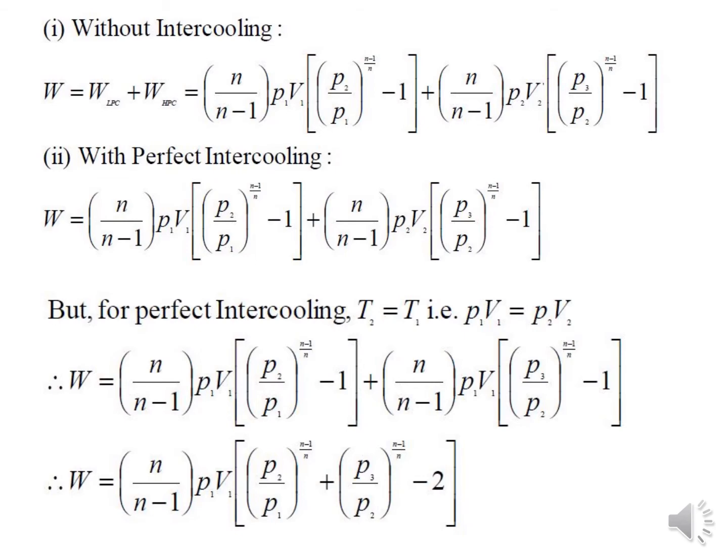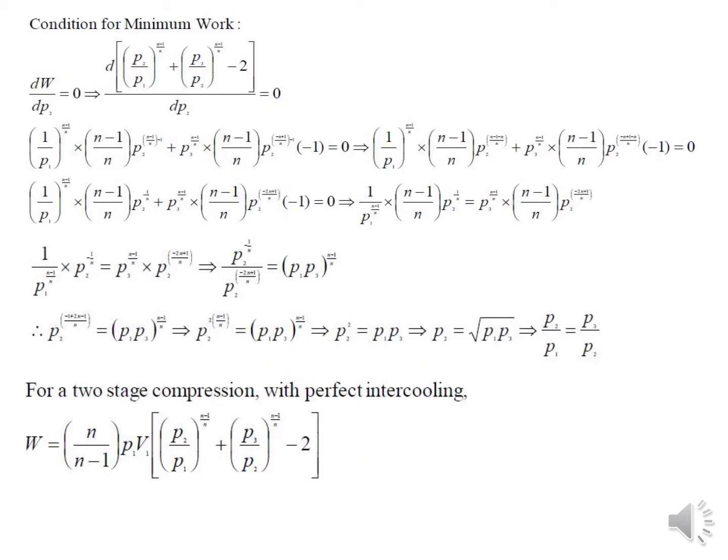To get the maximum work, what we need to do is differentiate the work done equation with respect to the intermediate pressure P2. End conditions remain the same, and the intermediate pressure is going to vary. So with respect to the intermediate pressure, we will differentiate the equation.